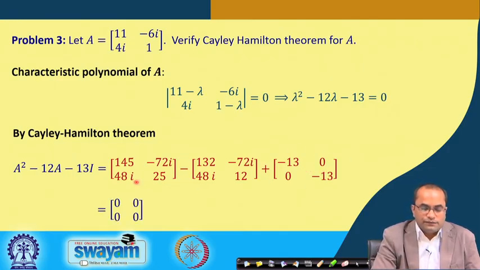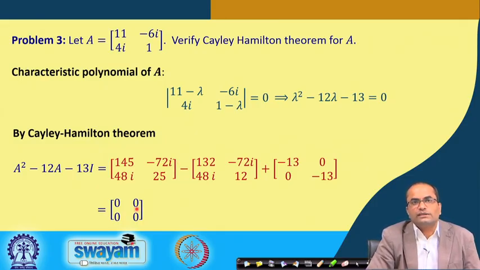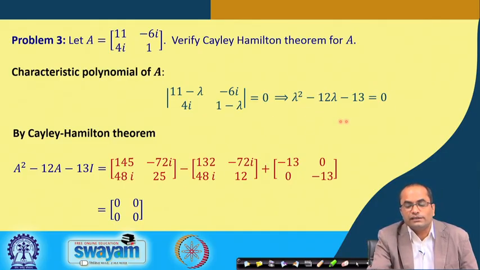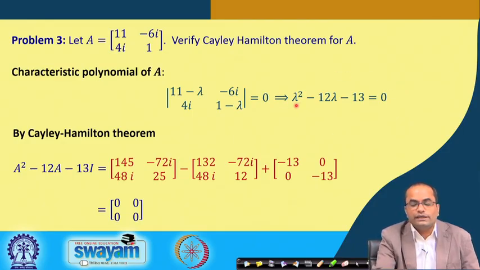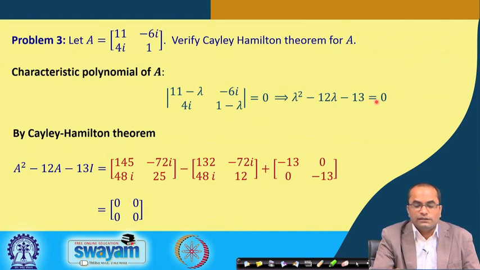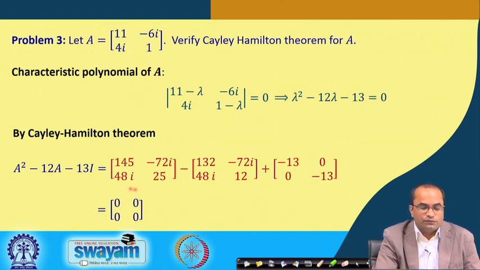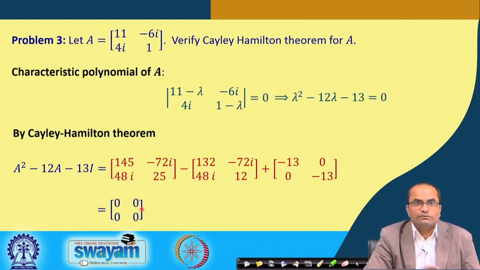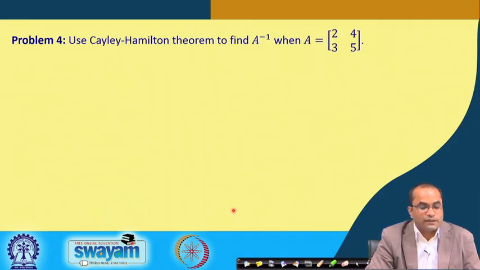When we determine this one, these two will be added and this will be subtracted, and we are getting actually the 0 matrix. That is what the Cayley-Hamilton theorem says, that every square matrix satisfies its characteristic equation. We have just replaced lambda by A, and then we have seen that on the right side, instead of the 0, we got the 0 matrix. So that is what the Cayley-Hamilton theorem is.